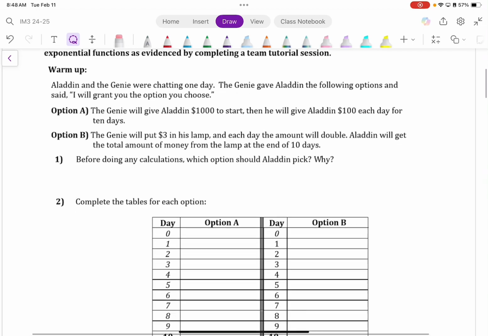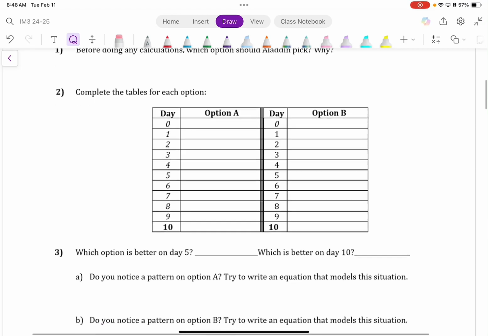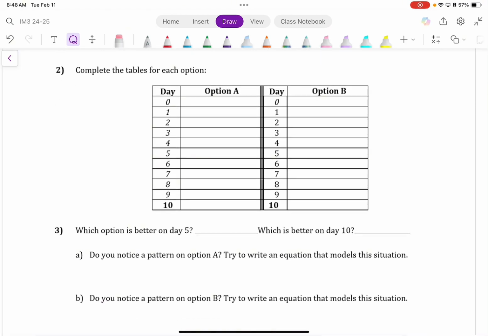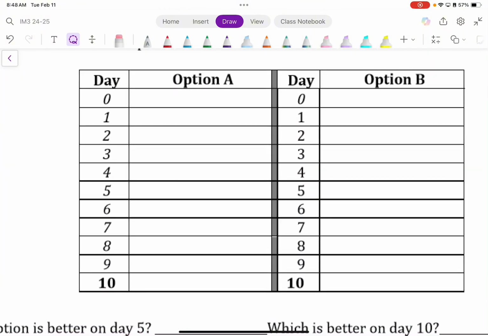Okay, so hopefully you guys have something. You can write something down for number one. But now what I want you to do is I want you to actually complete the tables. So you're going to now fill in option A and option B. Just for reference, this is what option A should look like. You're starting with 1,000, and it's increasing by 100 each day, right?